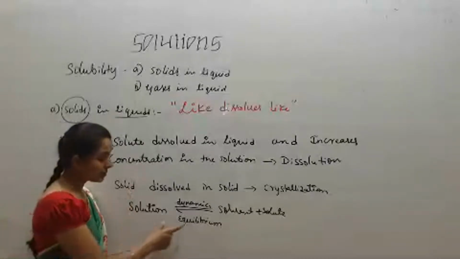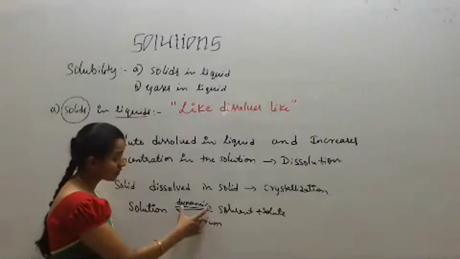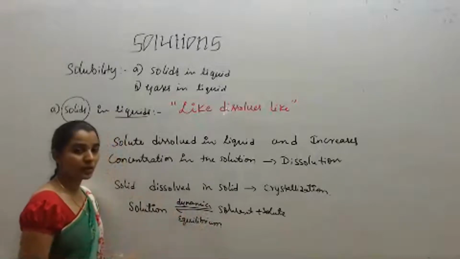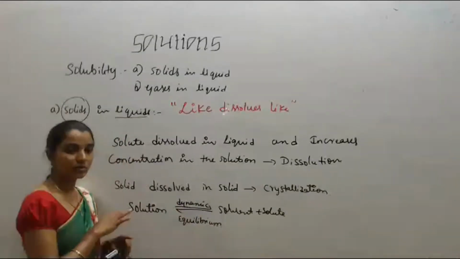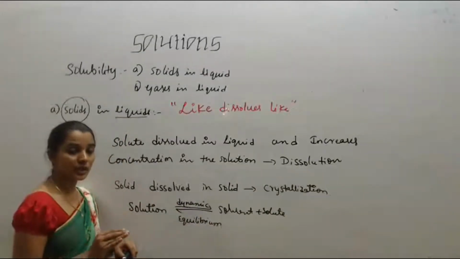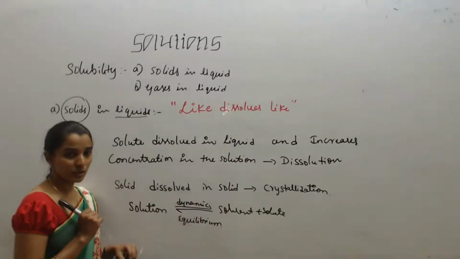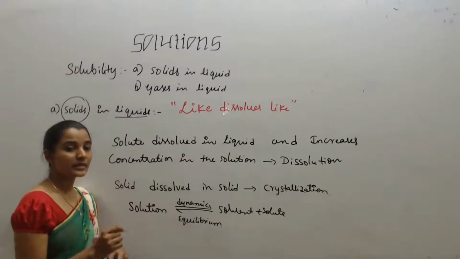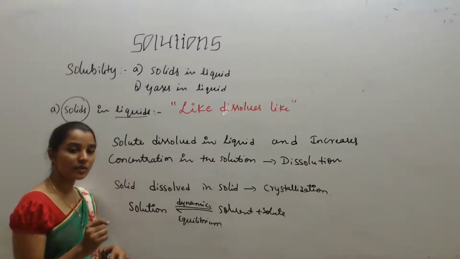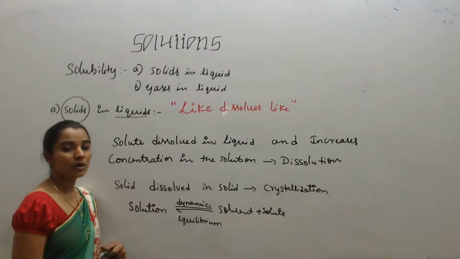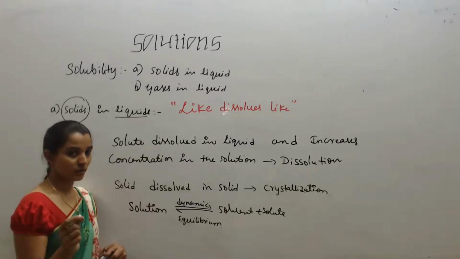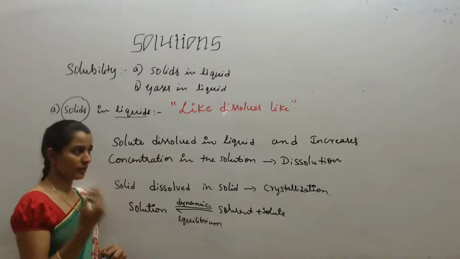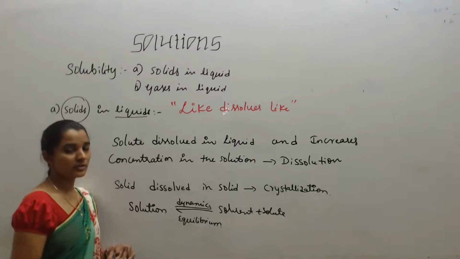I hope you get it. The added salt is dissolved in water, but the salt already dissolved crystallizes out. So that state is called as what? Dynamic equilibrium. That means the solution becomes what? Saturated. It attains the maximum saturation level. So what does saturated solution mean? At a particular temperature, the maximum dissolution power of solute in the solvent is called a saturated solution. At the given temperature, I am telling. If temperature increases, sometimes dissolution increases.